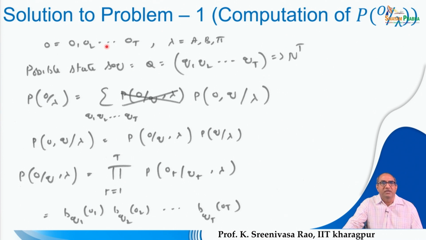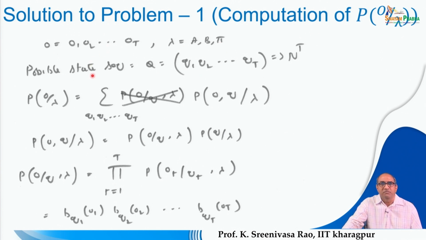So, here consider that the observation sequence is given by O1, O2, up to capital T. That means there are capital T symbols, capital T feature vectors for example, and a model is given as A, B, pi. A is the state transition matrix, B the symbol matrix and pi the initial state matrix.